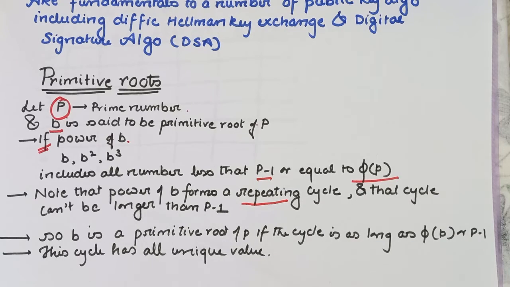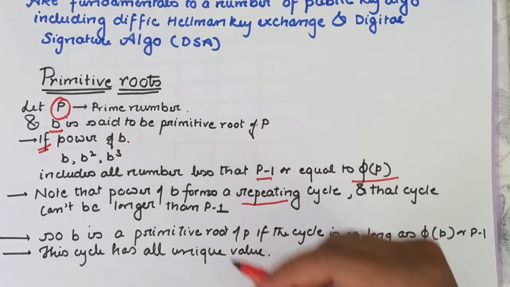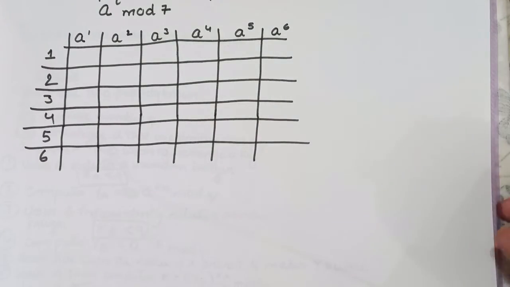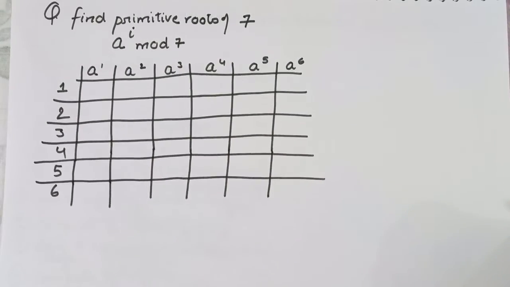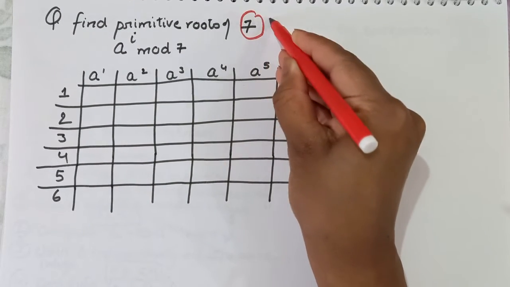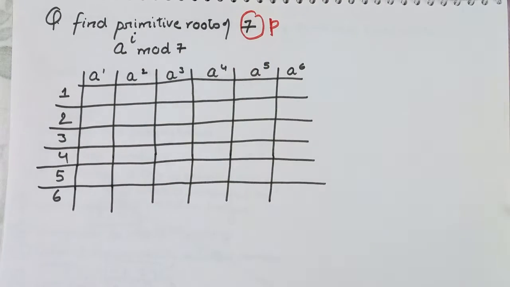Let me pick up an example so that you can understand what I am talking about. I'll be picking up an example wherein I'll be finding the primitive root of 7. So this is my p here. This is prime. Yes, this is prime.